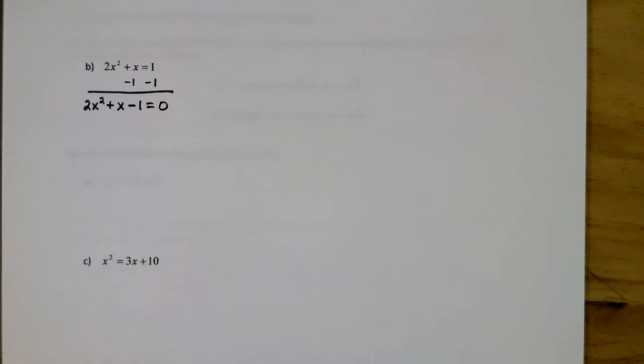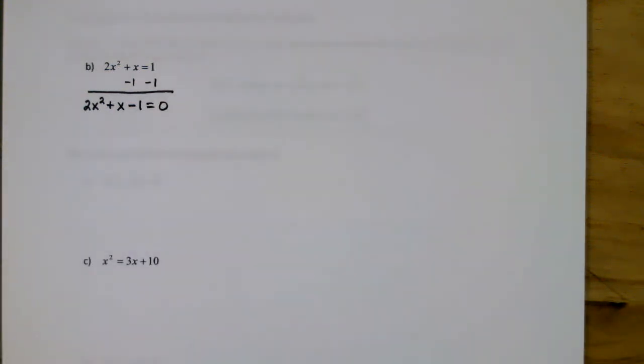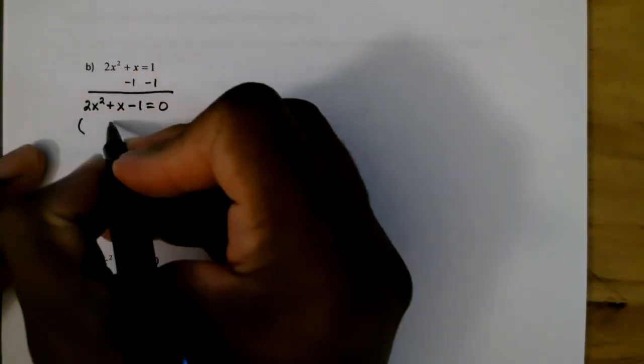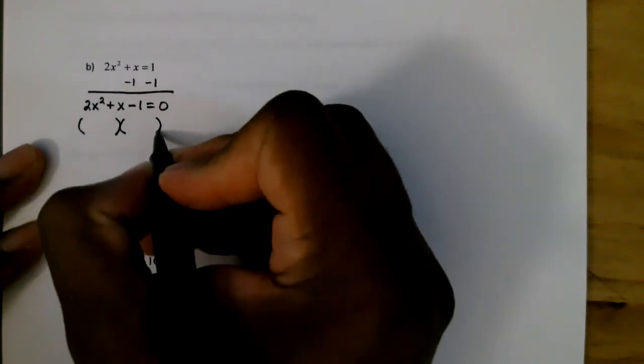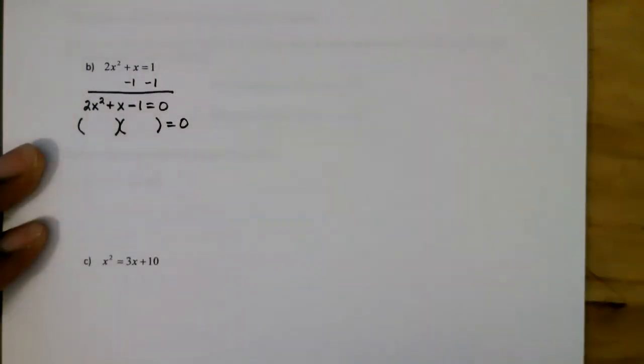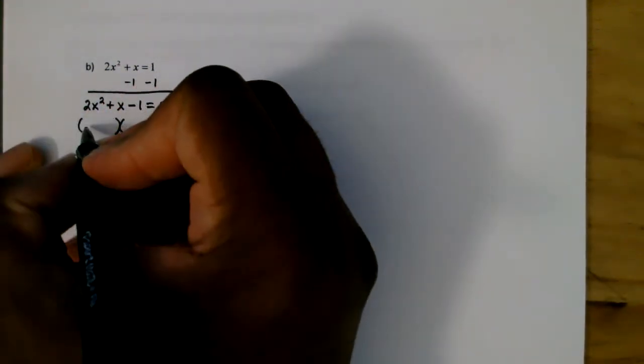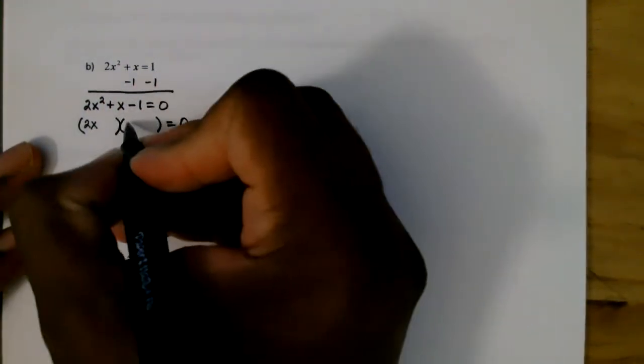Now the next step would be to factor this into 2 binomials because I have 3 terms here. So the best way I'm going to have to do this is factor into 2 binomials. Now for the 2x squared, I need to break that up as 2x times x.